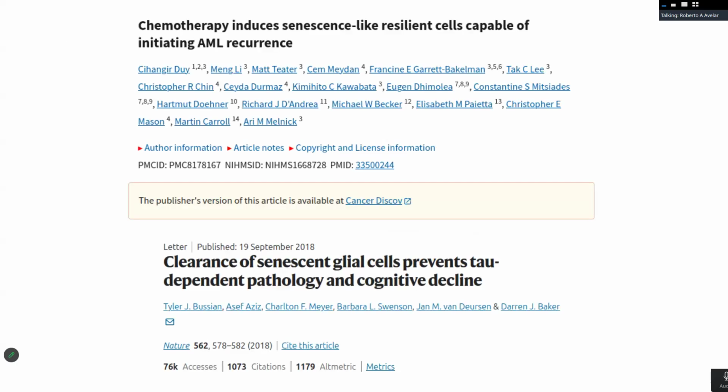Because these cells, again, are implicated in a bunch of diseases. So for example, something like 50% of acute myeloid leukemias will recur in humans. And this process seems to be highly dependent on senescent cancer cells, which is in itself kind of a paradox because they're meant to be opposing processes.